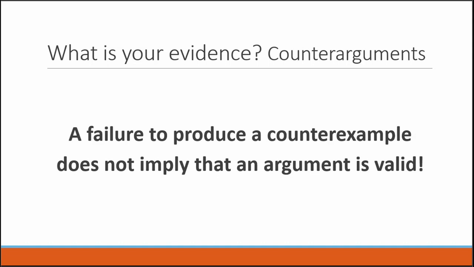It might prove that you just can't think of a counterexample right at the moment. Maybe you're just not very imaginative at the moment or something. So, while counterexamples can prove that arguments are invalid, failure to produce a counterexample does not count as proof that the argument is valid.